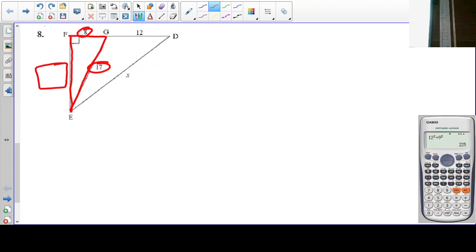You see, now that is your unknown. Yes, Walia? You're asking, must we put a variable in there? You don't need a variable, you can just call it FE or EF. Does that make sense? Once I have EF, then I can cover this big triangle here and then calculate x. So I'll give you a couple of minutes to sort that out.